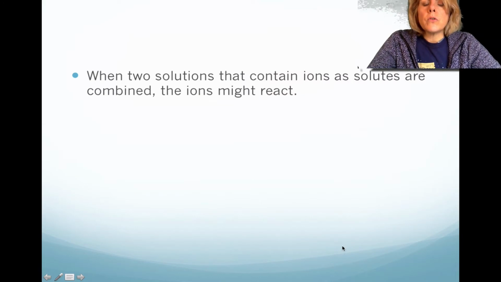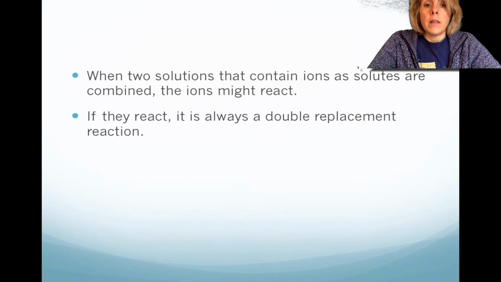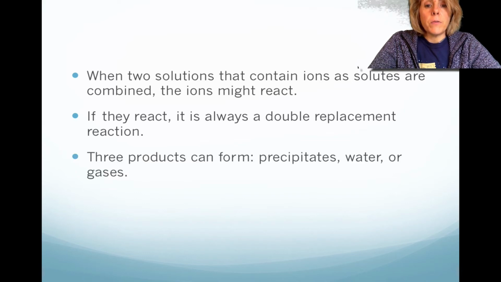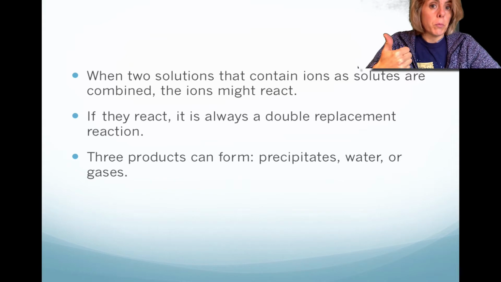So two solutions, if they contain ions as solutes, these ions might react. Now, if they do react, this is what we call a double replacement reaction. And like I said before, you can have formation of a precipitate, liquid water, or a gas.